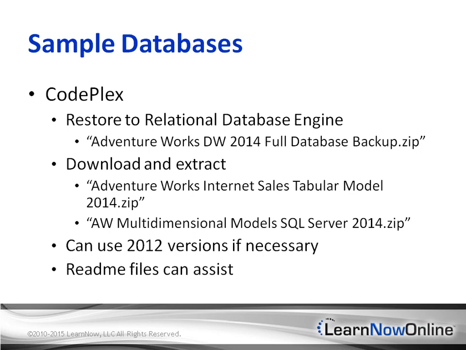There are 2012 versions of these files as well as 2014, and they even provide a README file which can assist in this process. When you go to that website, there will be a lot of listed downloads. Be sure to pick the DW 2014 database and the 2014 zipped tabular and multidimensional models for their code. Again, reference the README file if you're having problems.